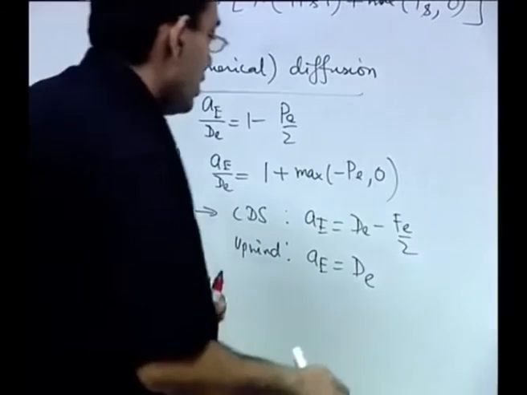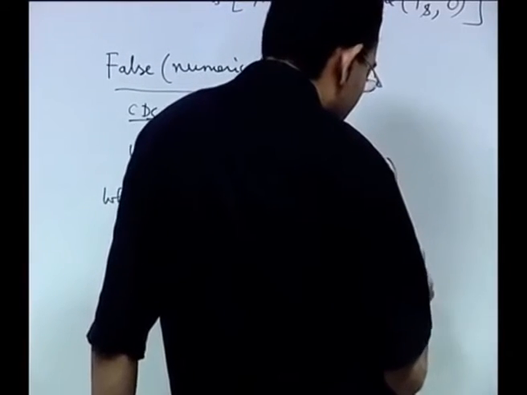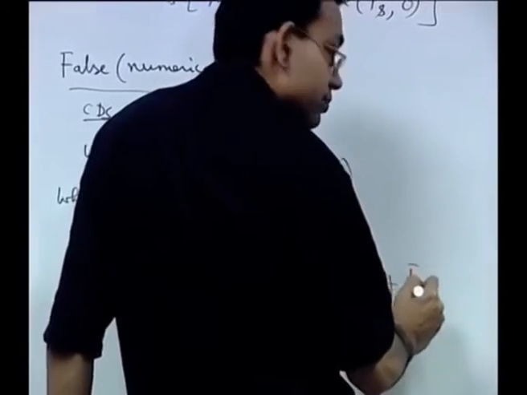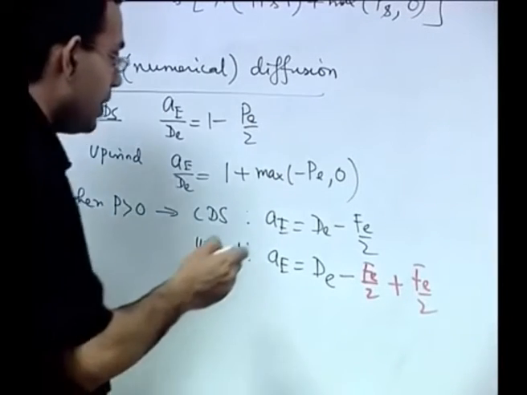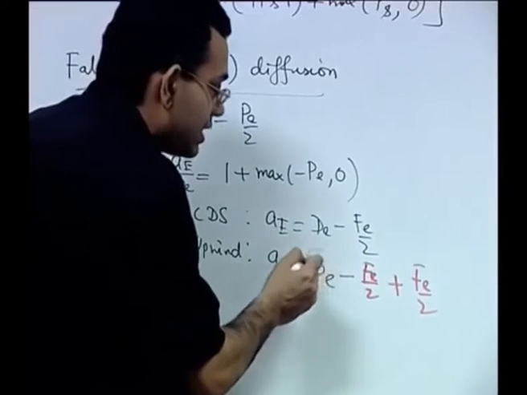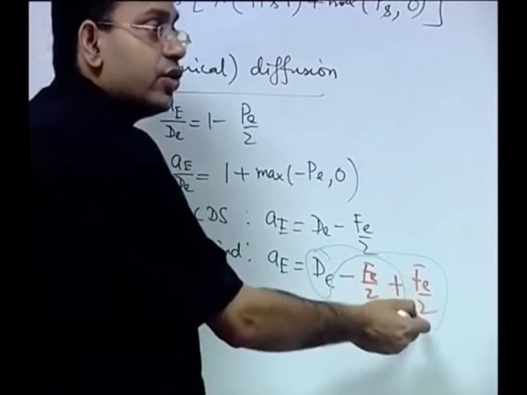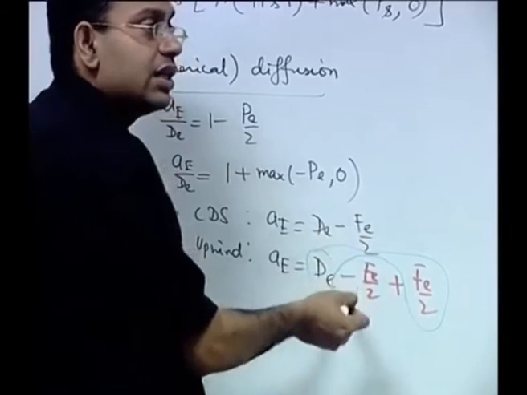So this can be written as DE minus FE by 2 plus FE by 2. So if you compare the central difference scheme with the upwind scheme, it might appear as if this DE is augmented by FE by 2 to have the same formula as that of the central difference.